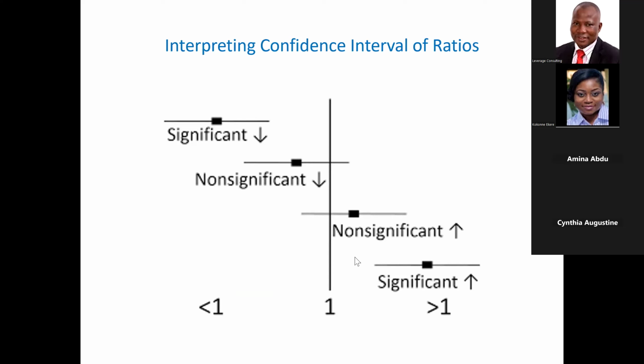The same thing with the third one. We would have said the odds ratio is greater than 1, meaning it's causing the disease, but the confidence interval crosses 1. It's not significant. So this picture just shows you 4 possible scenarios that can occur.